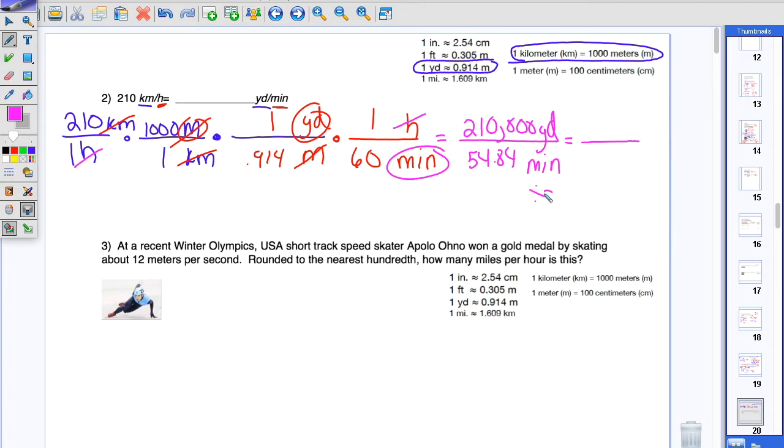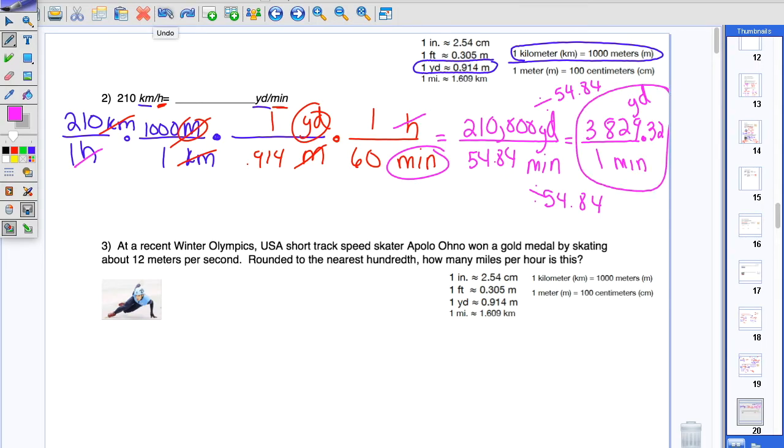Divide by our denominator, 54.84, to get our unit rate. So we end up getting 3,829.321. And when we round that to the nearest hundredth, we can just cross off that 1, and that gives us yards over 1 minute.